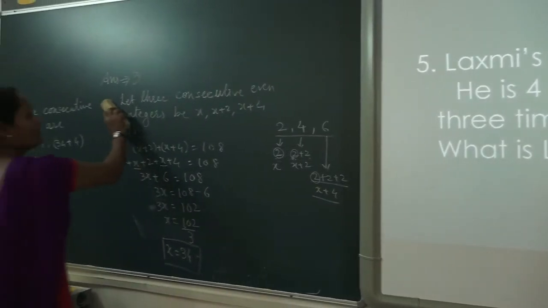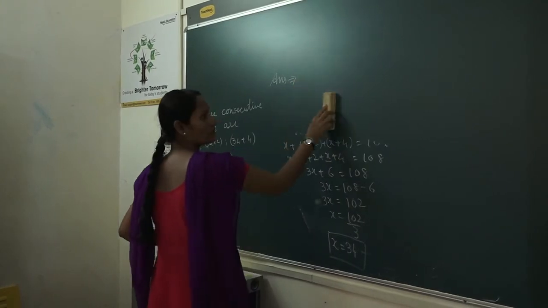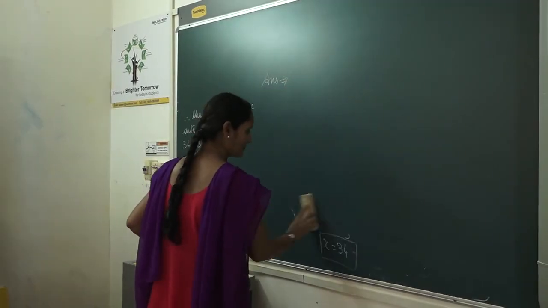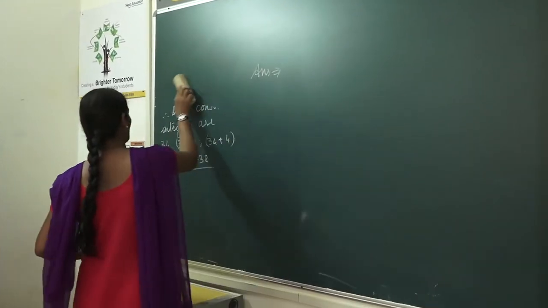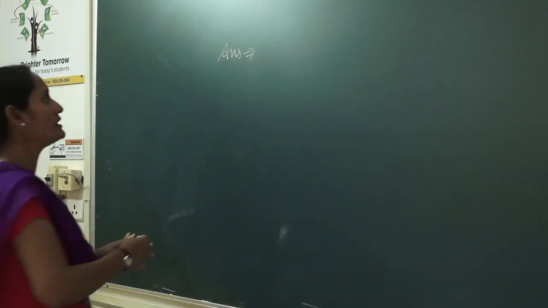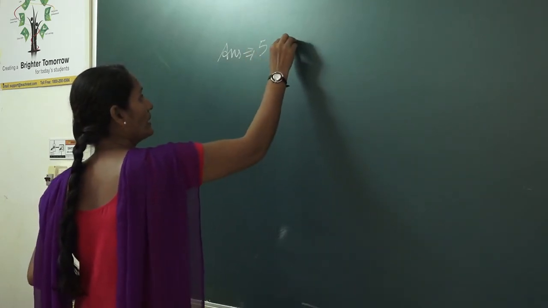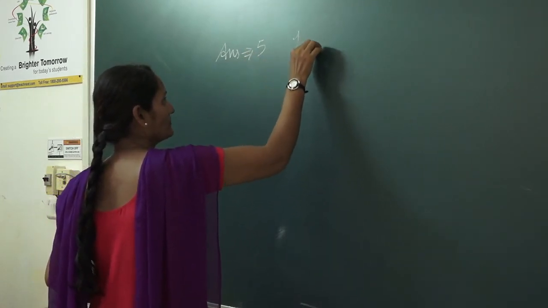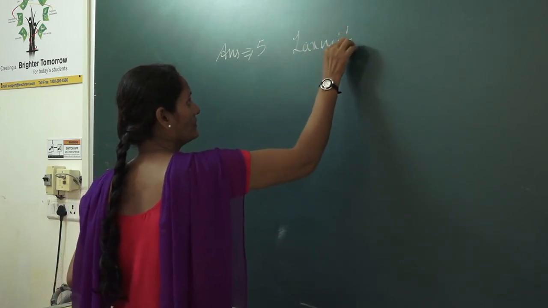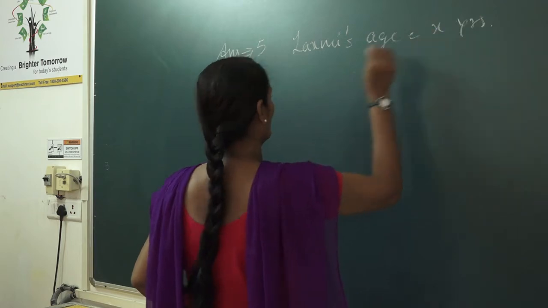Okay? So let me rub this. This is our question number 5. Okay students? Let's go with that. Question number 5. What is given? Lakshmi's age, we will take it as x years.